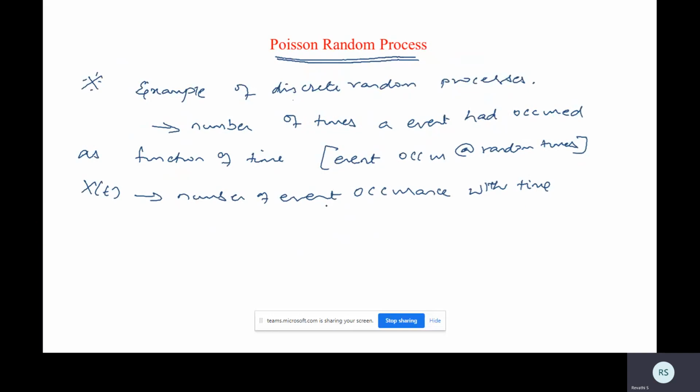This is how a Poisson random process will be. How many events have occurred with respect to time. So this is always an integer value.